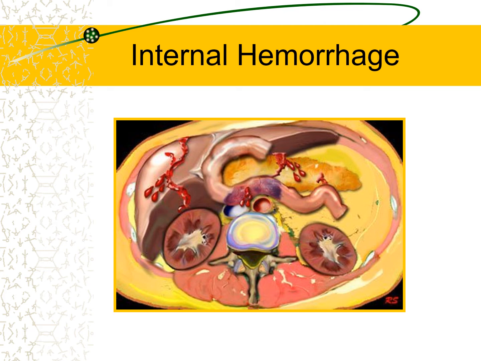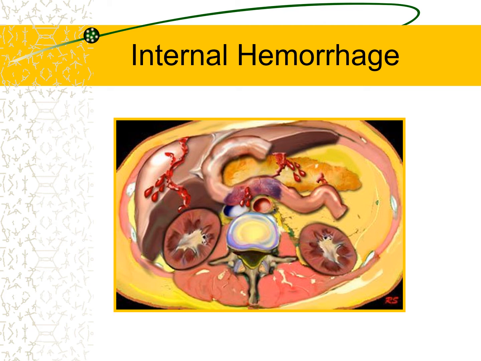And the intestinal mucosa is bruised and bleeding as well. So realize that there are several potential spaces inside the body that can accommodate large amounts of blood that may accumulate following an injury.